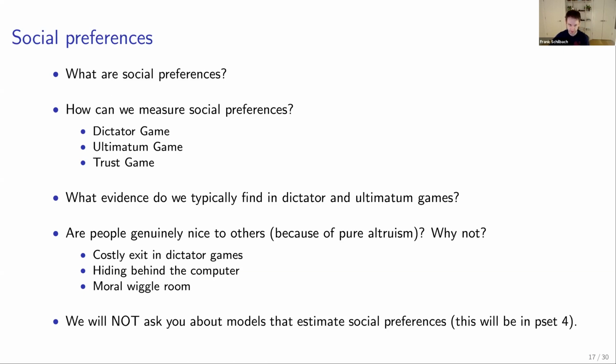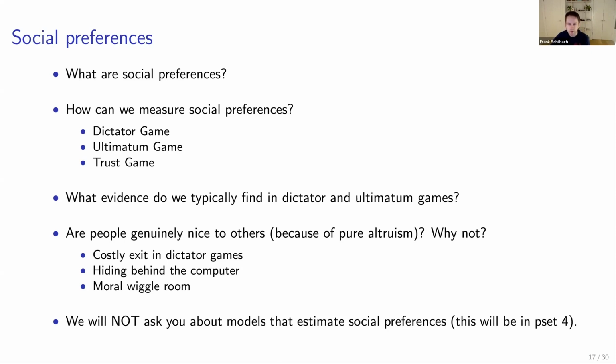We discussed at length the dictator game, the ultimatum game, and the trust game. You should also be broadly familiar, not in detail, with what evidence we typically find in dictator and ultimatum games. For instance, in dictator games, people tend to give something like 20 to 30% of their share. So people tend to be quite nice in those games.